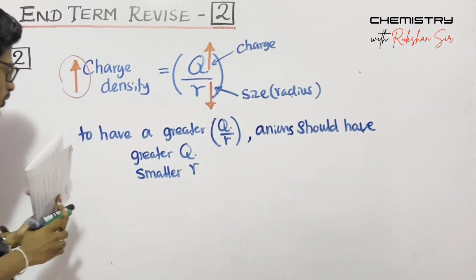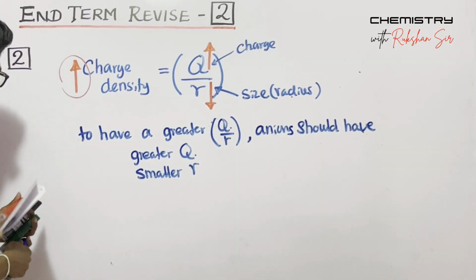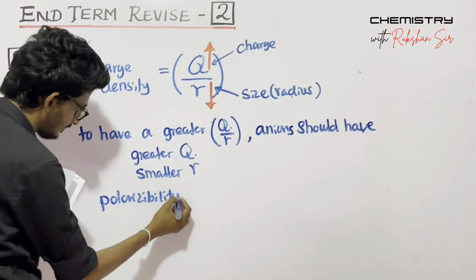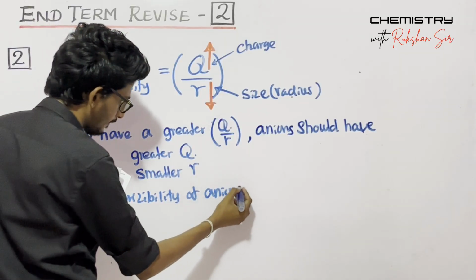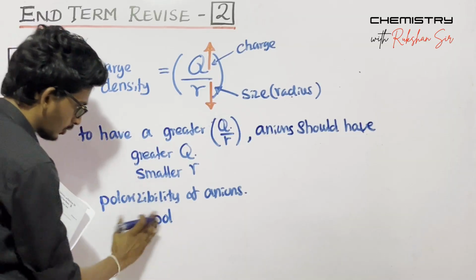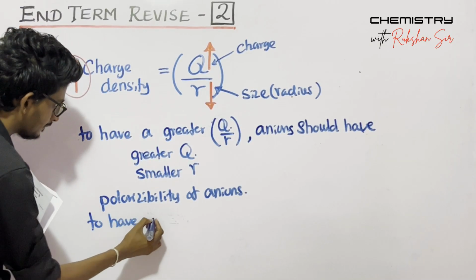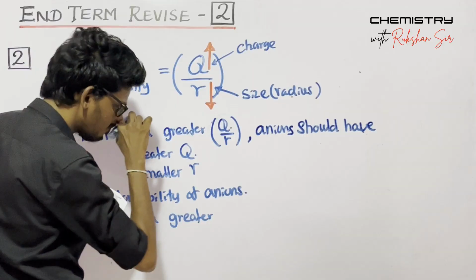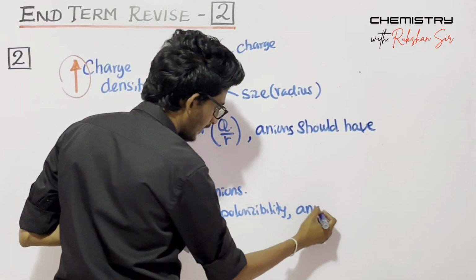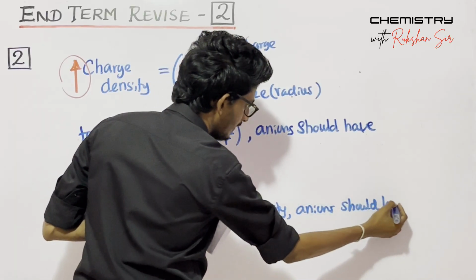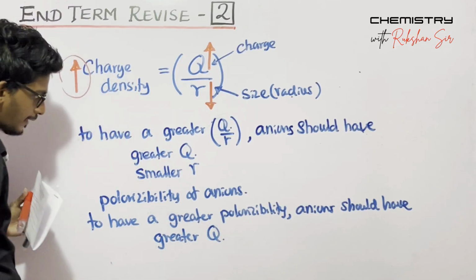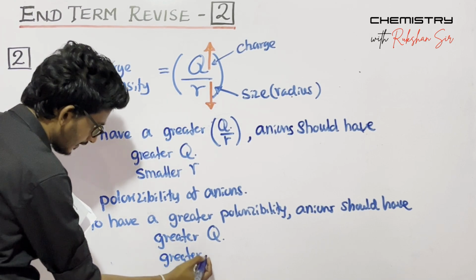Now if you think of the polarizability of anions, polarizability increases... To have a great polarizability, anions should have great charge but greater radius as well.